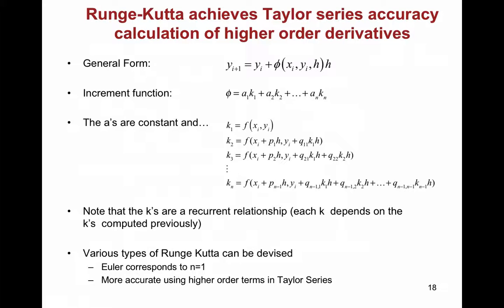I could technically do a number of such steps, n of them, and not necessarily do an average, but basically do a weighted sum of these slopes. And that can improve accuracy. Now, this is not pulled out of the weeds. It's actually done by analyzing Taylor series.